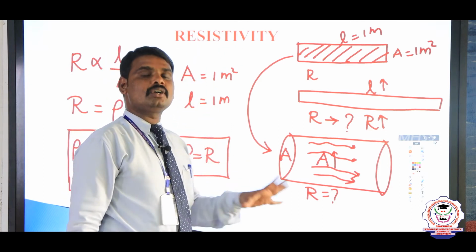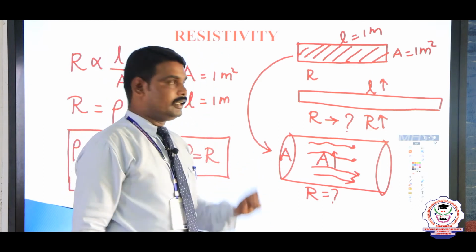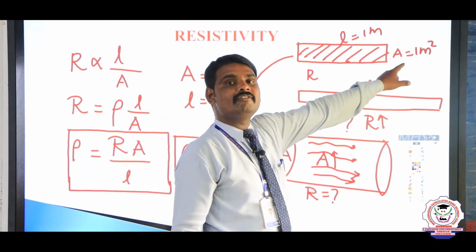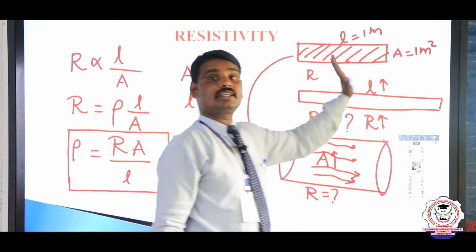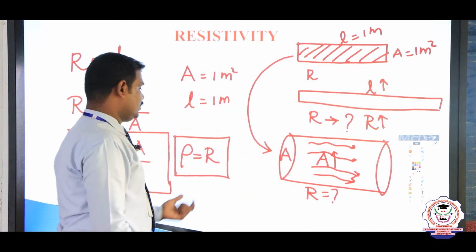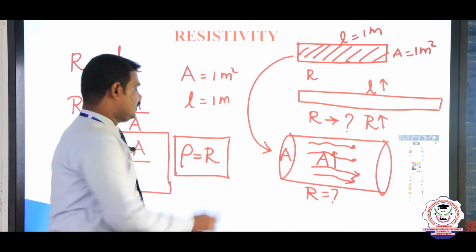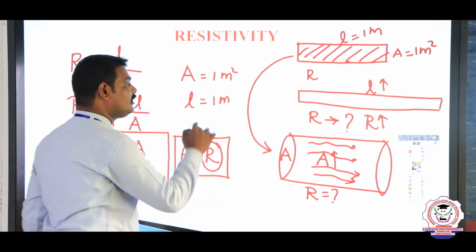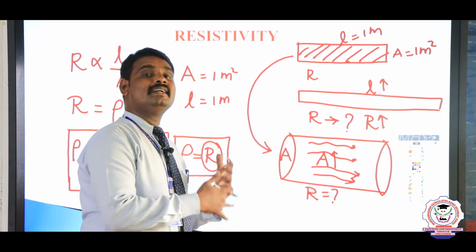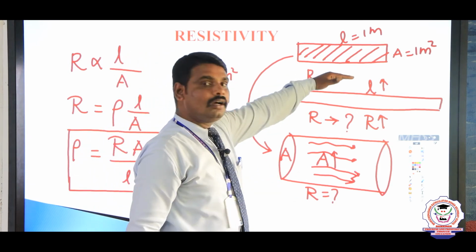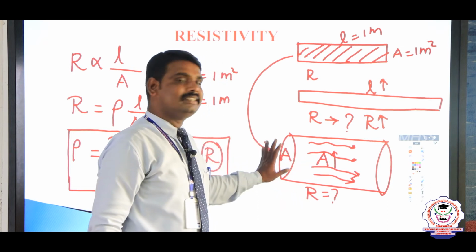The resistance present in 1 unit of length and 1 unit of area of cross section is called resistivity. Resistivity and resistance are similar, but the resistance will vary, increasing or decreasing, when you change the length and the area.